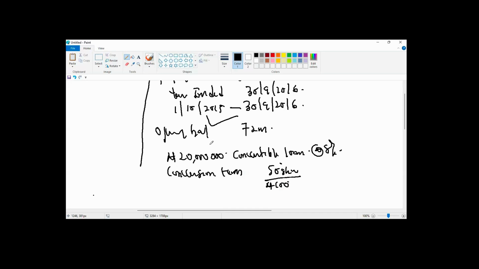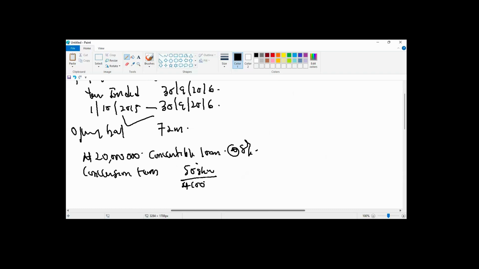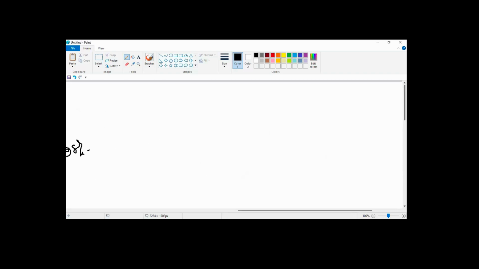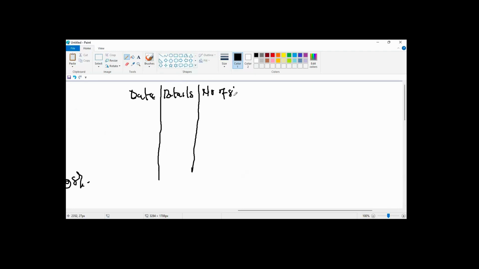Calculate. So I'll make use of my table because I have two things going into the basic now. I have my opening balance and there's a rights issue they did. So what am I going to do in the exam? Very simple. I'll just open my table as usual. I'll say date, the details, number of shares, total shares.